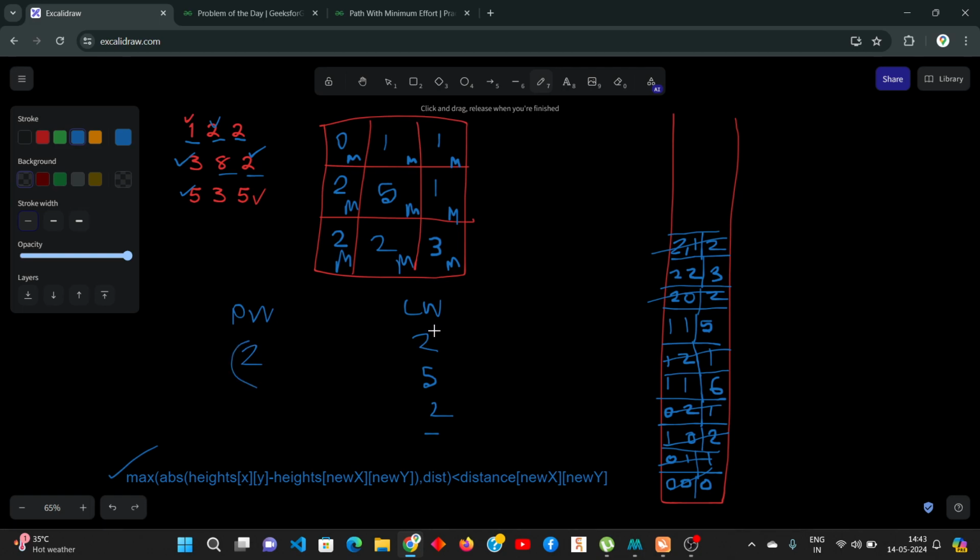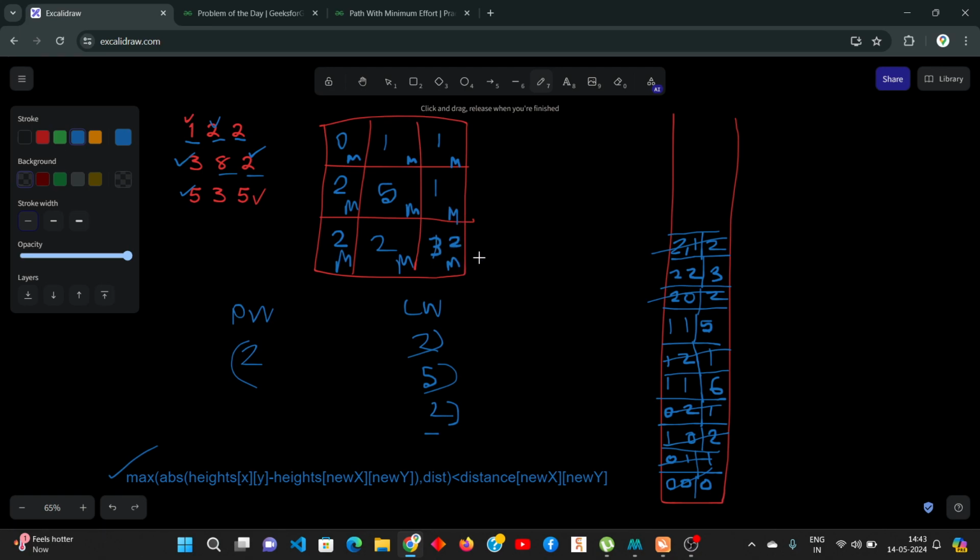So what is the maximum value? That is 2, that we already have here. And for this one, the maximum value is 5. And for which node is it? It is just that one. Already there is 5 here, so we do not need to bother. And here the maximum value is 2. And now you can carefully see that there is already 3 here, so you can update with 2 because 2 is lesser than 3.